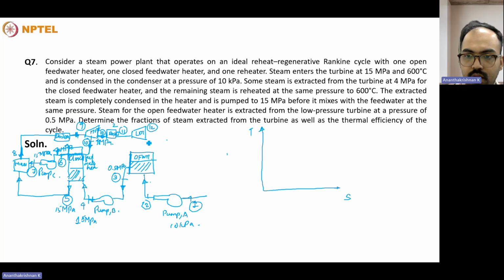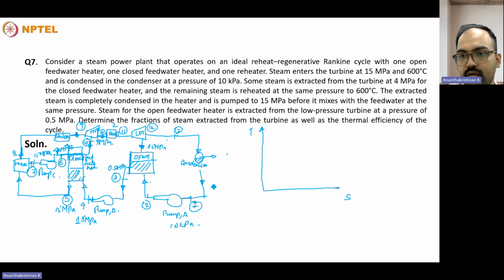And from there, a portion of the steam will be bled to the open feed water heater at 0.5 megapascal, and the remaining just expands in the low pressure turbine, and then it reaches state point 13 and condenses in the condenser, and goes into the pump, state point 1.